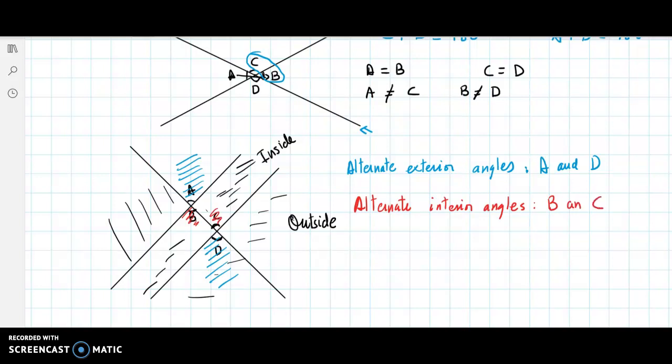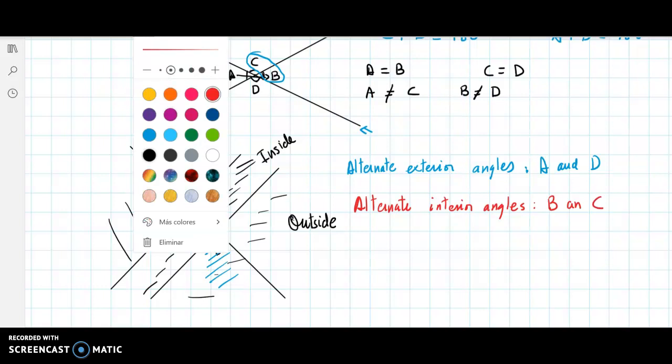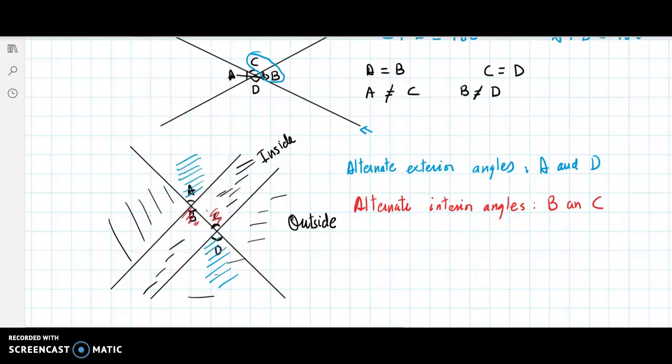Okay, so we have that A is equal to B because they are vertical angles, right? And C is equal to D because they are vertical angles as well.